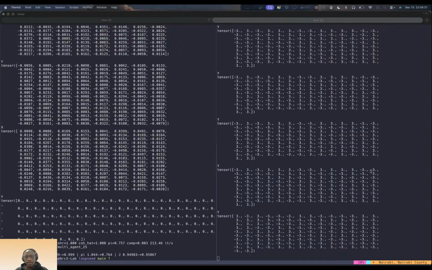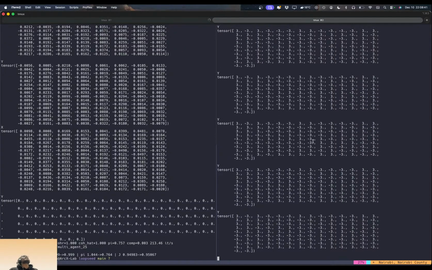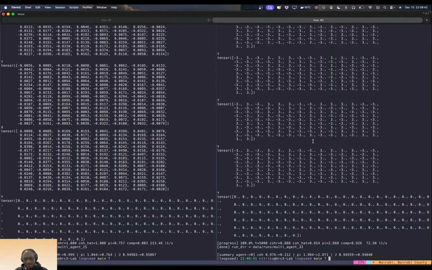Oh no. So now it's three. It's stuck at three. Okay, so the predictor prediction is not good. Coherent is 88.